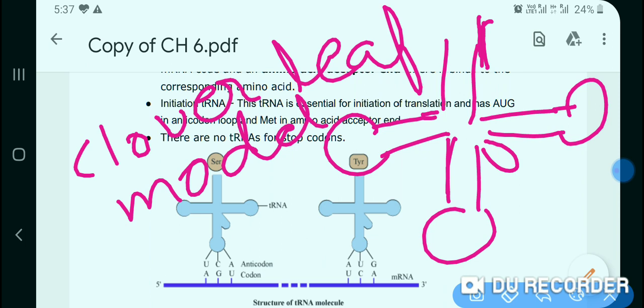Why does it seem double stranded? Due to coiling, two strands come close together and form hydrogen bonds. If you see, these are hydrogen bonds, but there is no hydrogen bond in the loop.